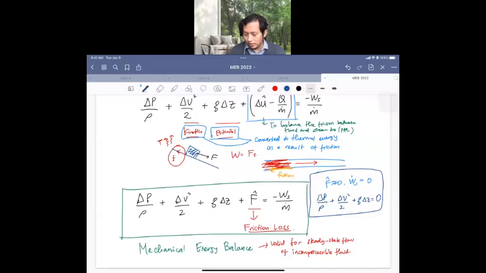This one is called the Bernoulli equation. So whenever you find a question that states the friction losses are negligible or you can ignore them, it means you are going to use this Bernoulli equation.